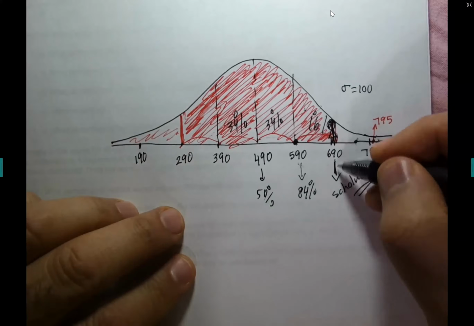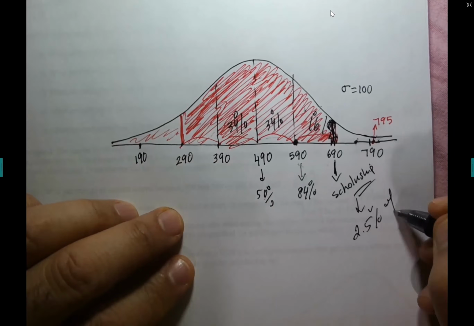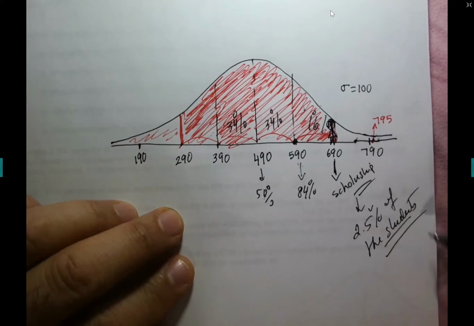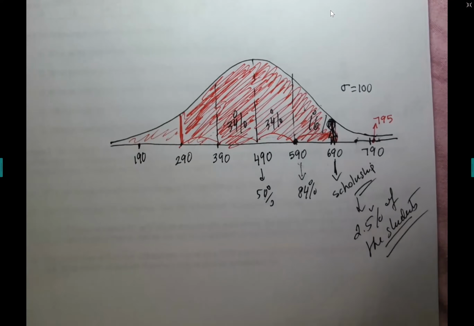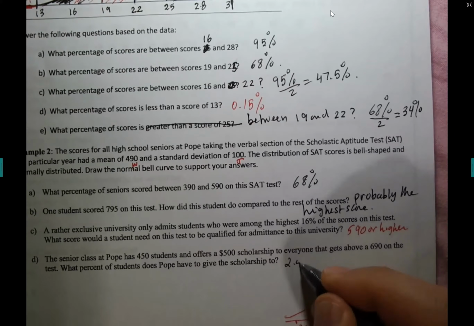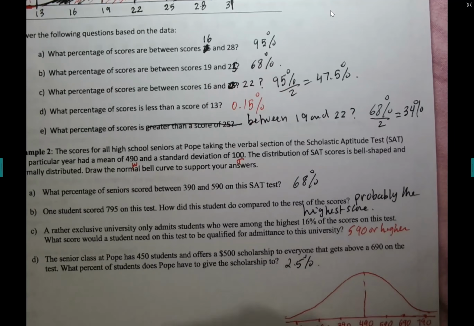So actually the answer to this question is 2.5% of the students. These are students who went above 2 standard deviation above the mean. So it will be 2.5%.